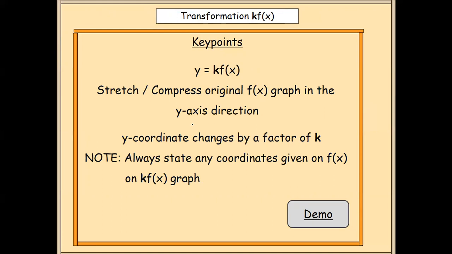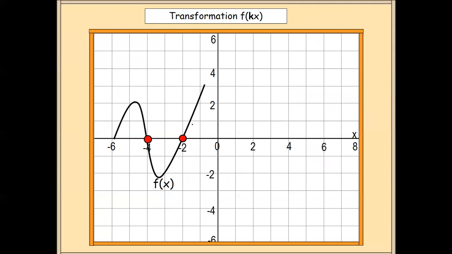And the last one is instead of k f of x, is f of kx. So instead of stretching it now or compressing it, we're going to expand on the x because we've been stretching on the y. Now we're going to expand on the x. And that's where if you use like a signal, that is how you would change the frequency of the signal, for example, by expanding it or compressing the signal.